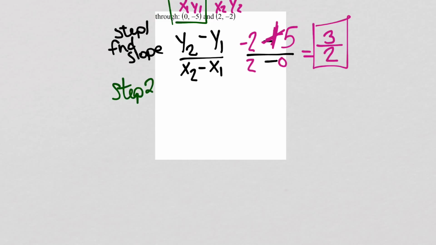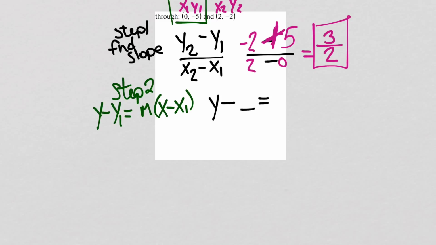Step 2 says you use slope or point slope form, which is y minus y1 equals m times the quantity of x minus x1, where your y, your minus, all of that is standard.